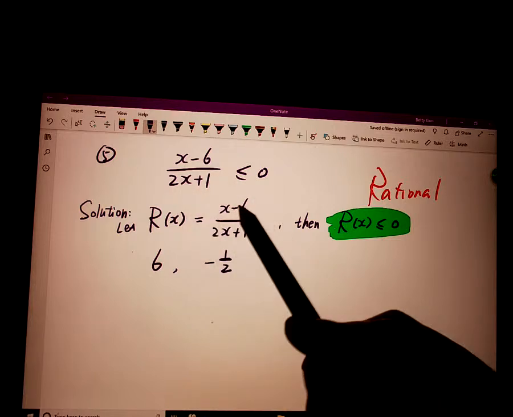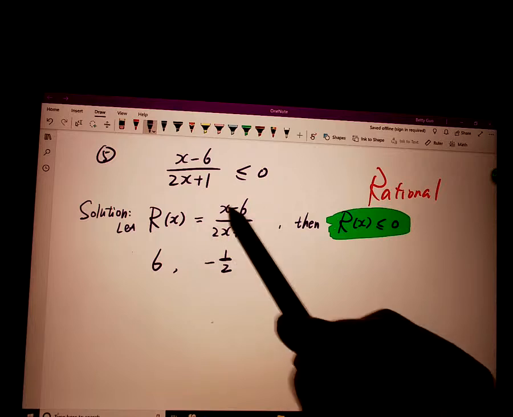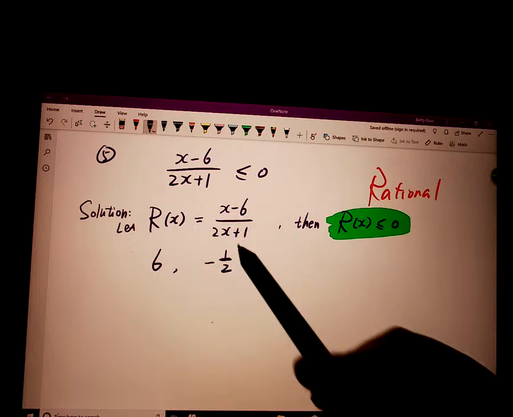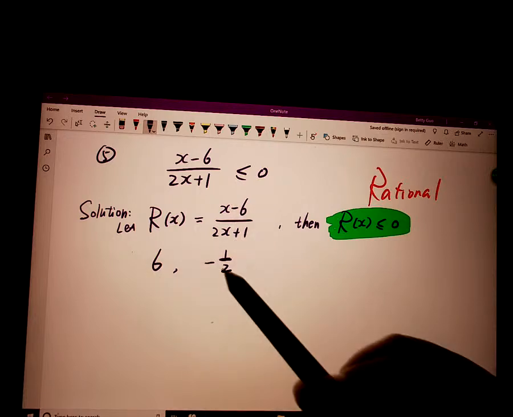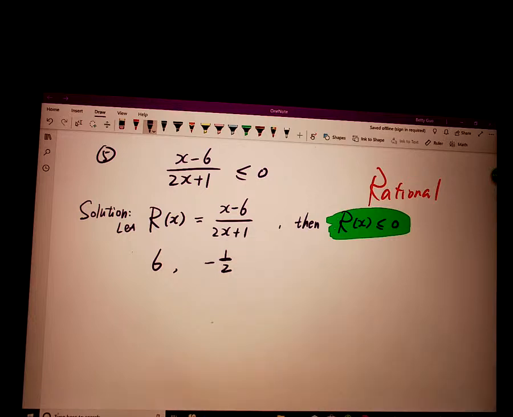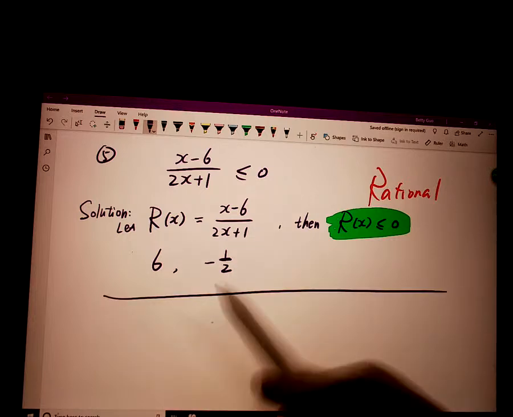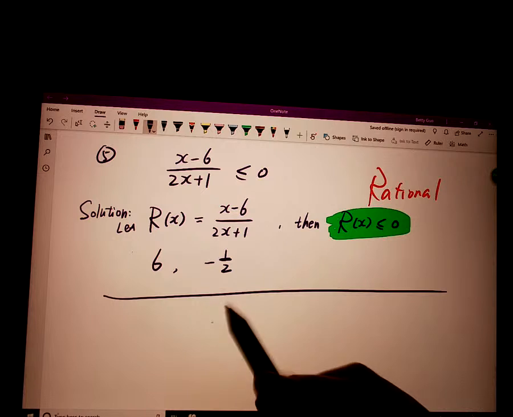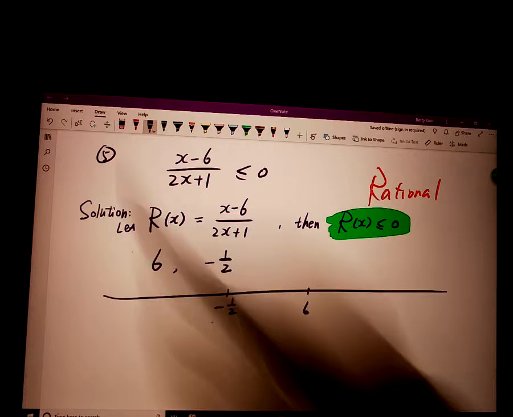Look at the rational function. The numerator is a polynomial, the denominator is a polynomial. You factor both top and bottom to find the zero or zeros for the top, also the zero or zeros for the bottom, and put them together. In this case, we have 2 only. Those 2 zeros divide the whole real number line into 3 parts. This is negative half, this is 6.